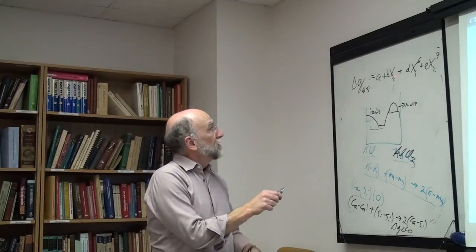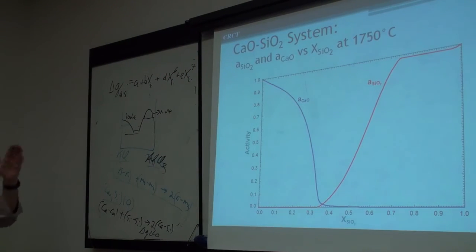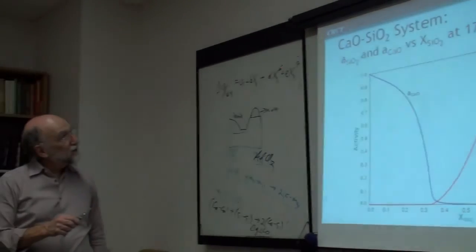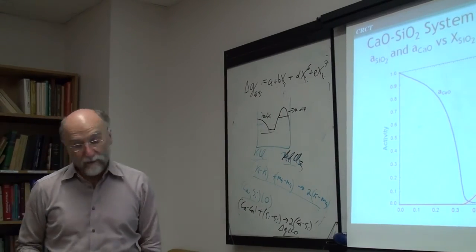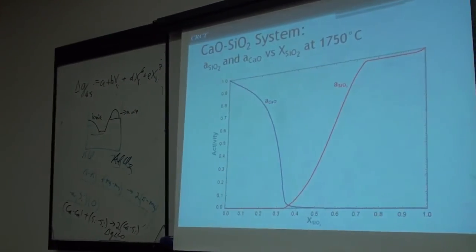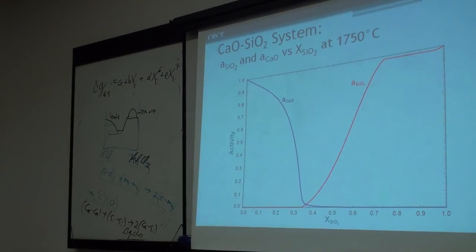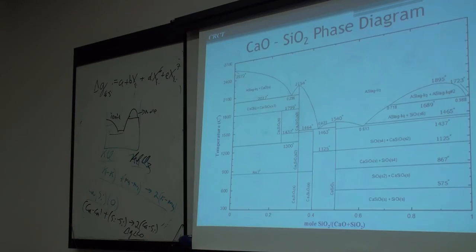These first two terms model the basic side, which is quite easy to model, and then you have strong positive terms here, which give you the miscibility gap. We make these high powers, 6 and 7, so they affect things only over on that side and don't affect much on the other side. People say, why don't we use a Redlich-Kister expansion in our quasi-chemical model for the silicates rather than the polynomial?